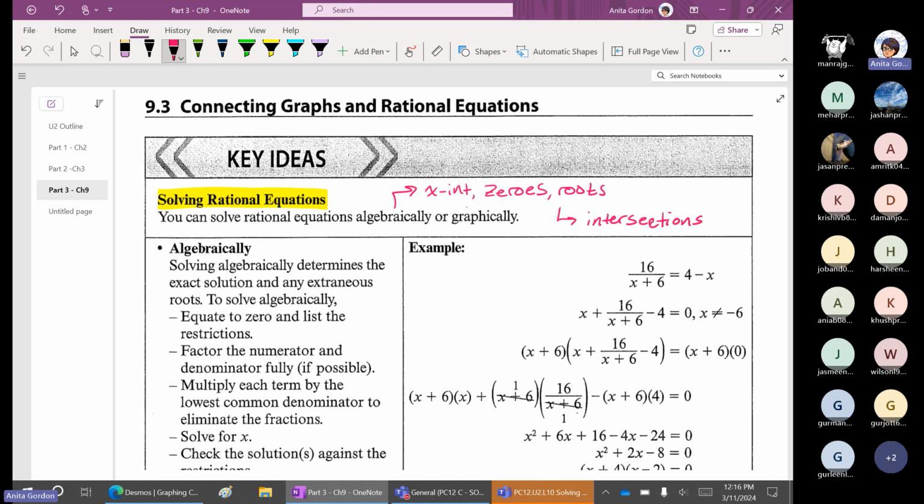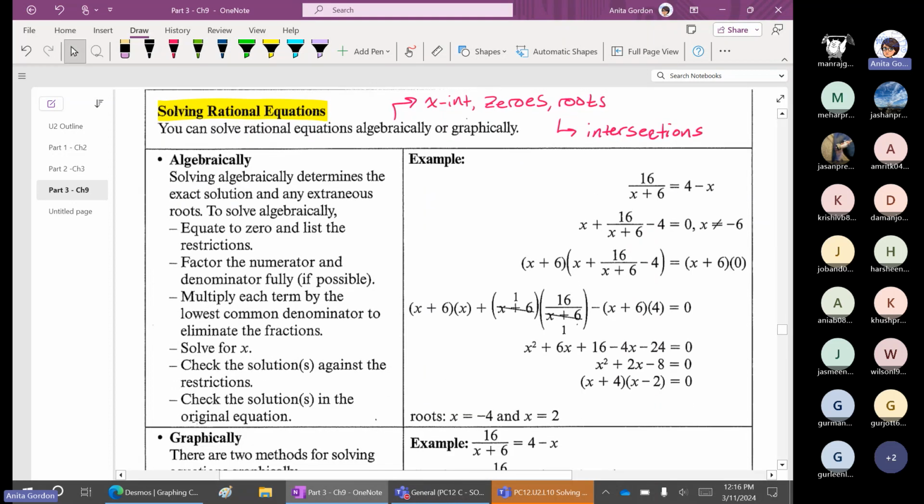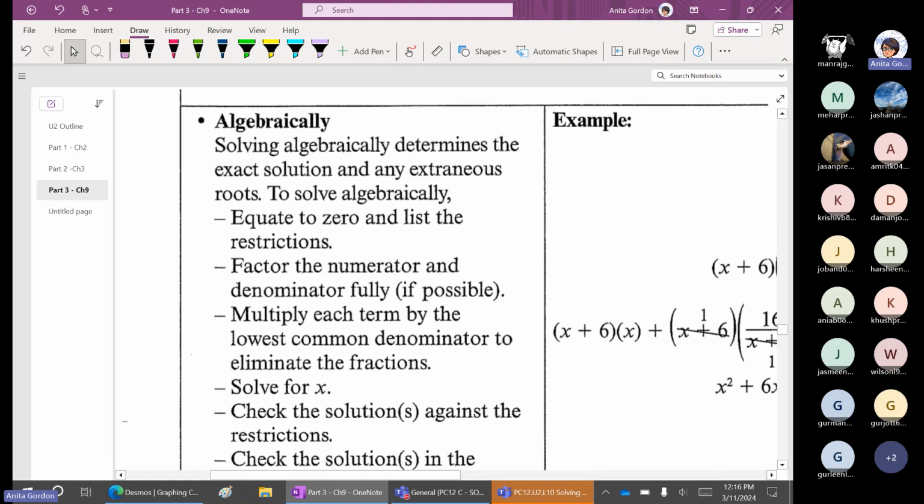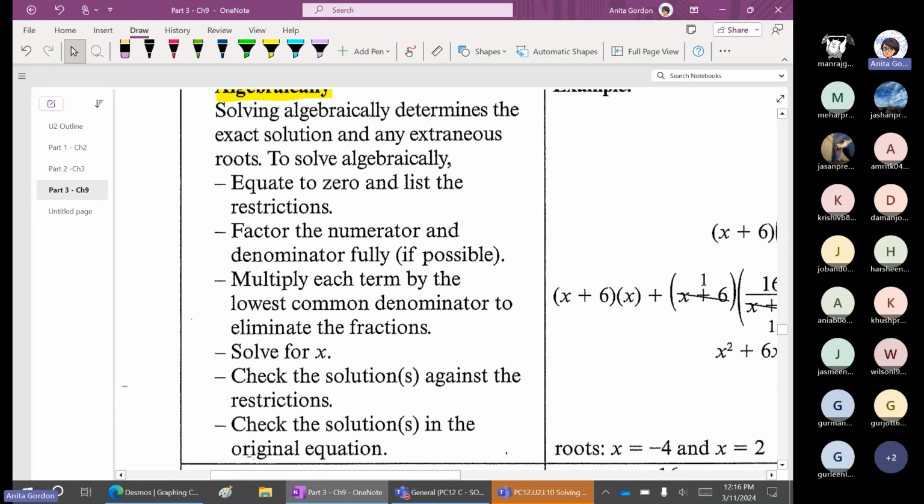All right. So in our first example, here's a summary of what we're going to do. To solve algebraically means using math skills. We are going to do the following steps. Number 1, move everything to the same side so that everything equals 0, and list any restrictions, meaning what's in the denominator that would make a denominator 0.